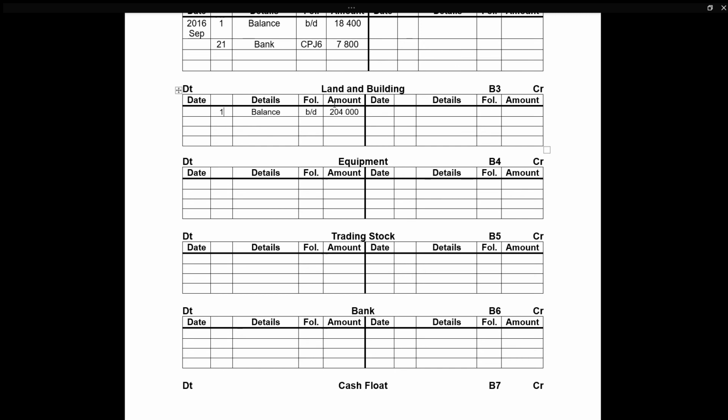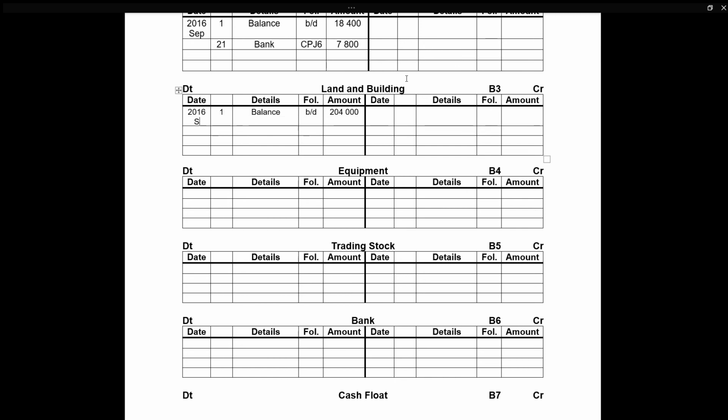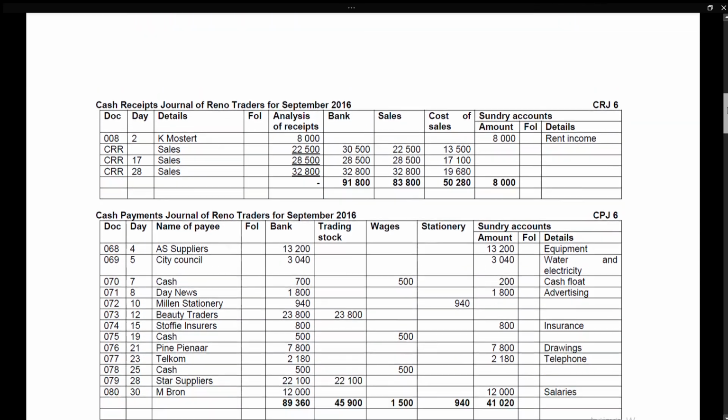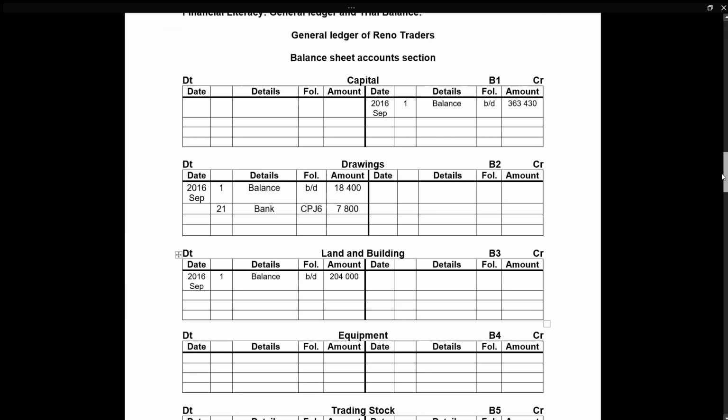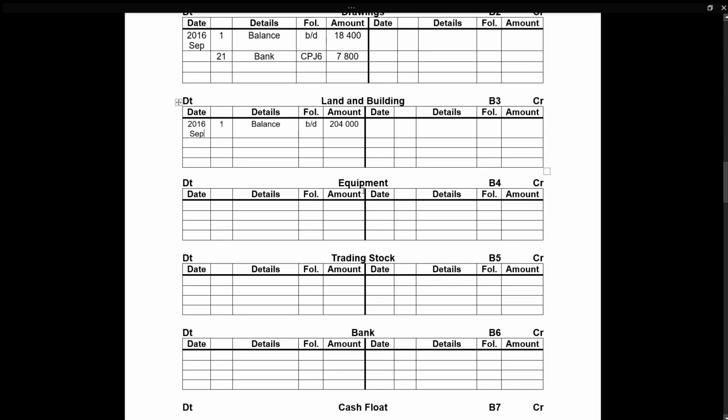This will be on the 1st of September 2016. There you go. Then let's see if we had any transactions, if we bought more land and buildings, or if we sold any. I can't see anything in my CRJ, and I can also not see anything in my CPJ. So, done with land and buildings for now. I will come back for the balancing.